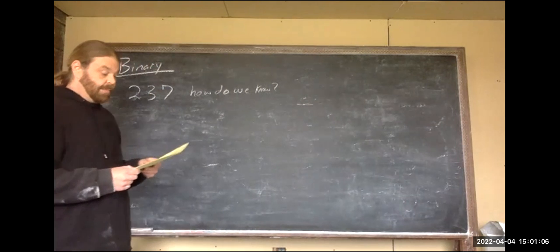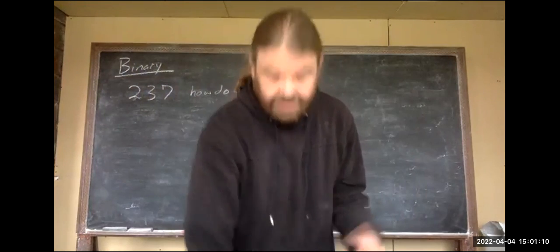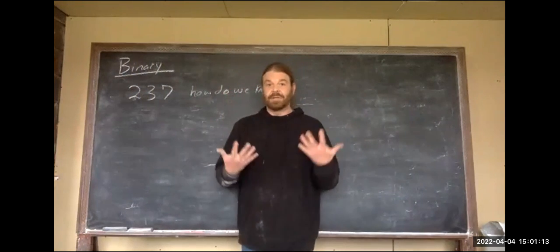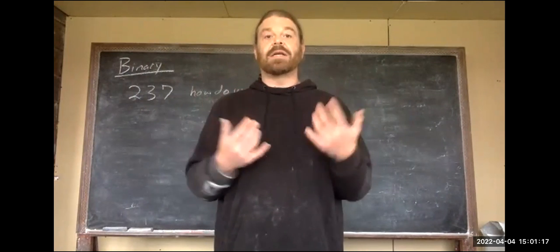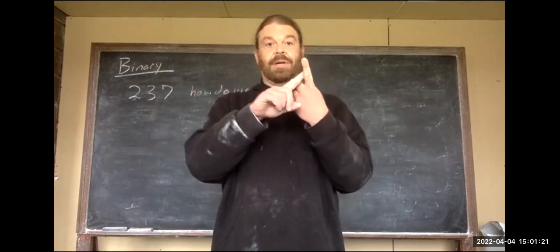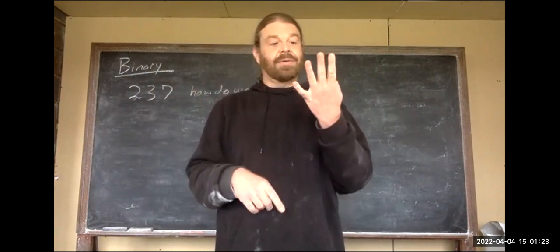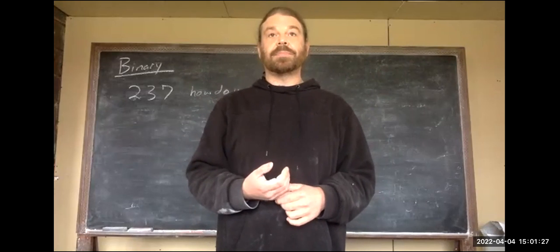We know what this number means because we're humans with 10 fingers. So 10 is a really good number to base all of our stuff off of, right? When we learn to count, 1, 2, 3, 4, we can count up to 10 right on our fingers.